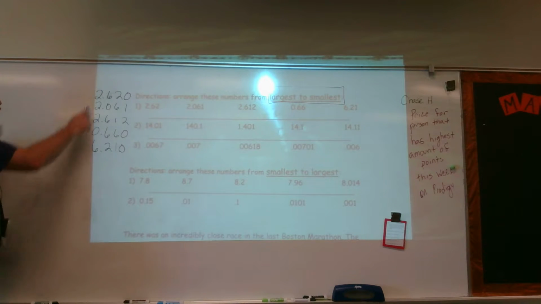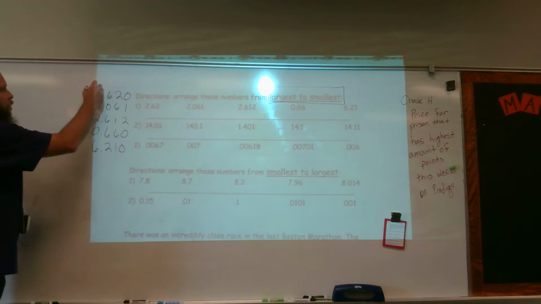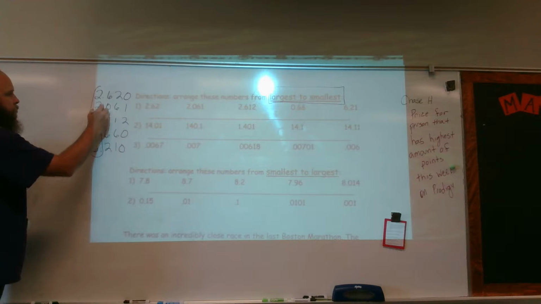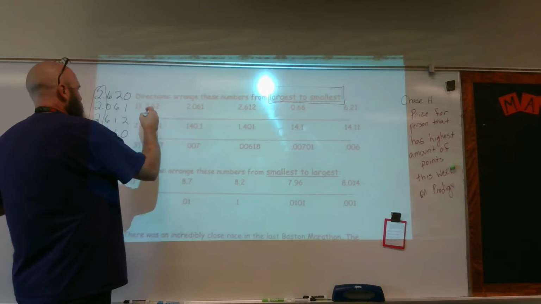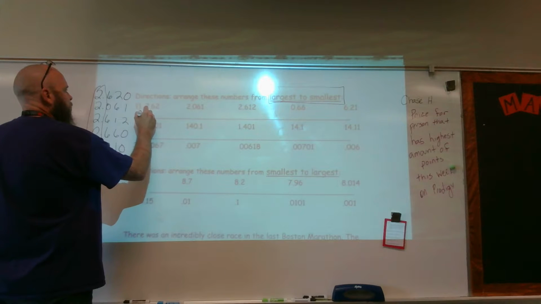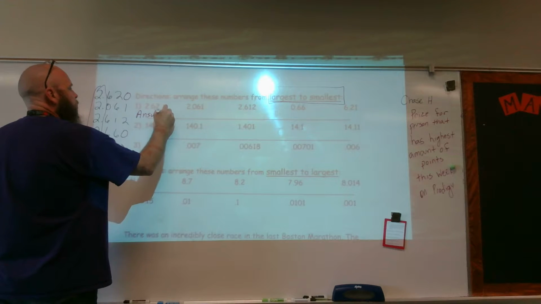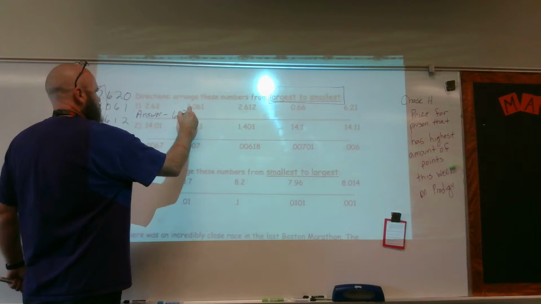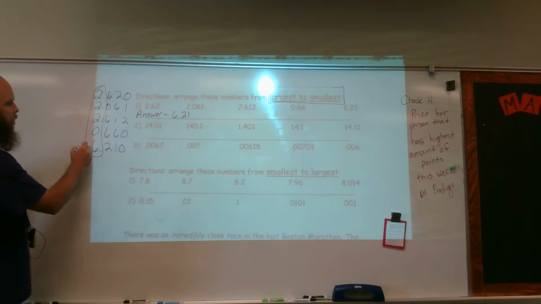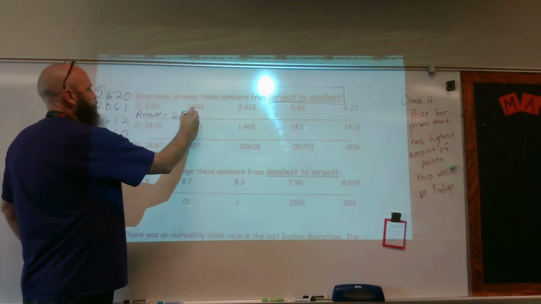Which one of these has the largest whole number? The 6. That's going to be my largest number. So my largest number is going to be 6 and 21 hundredths. Boom. Done.